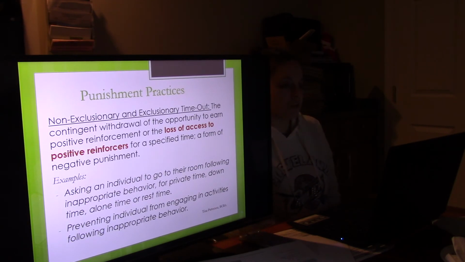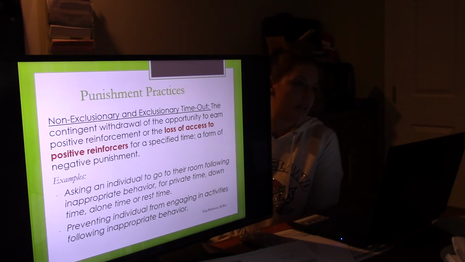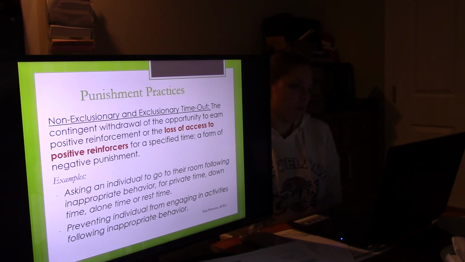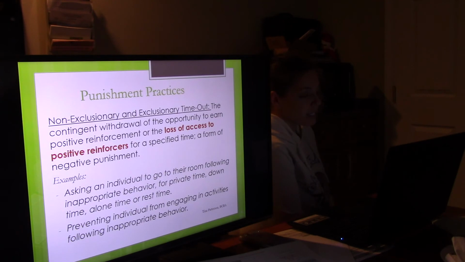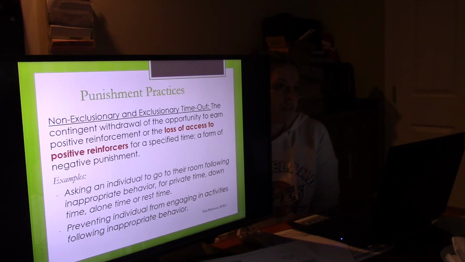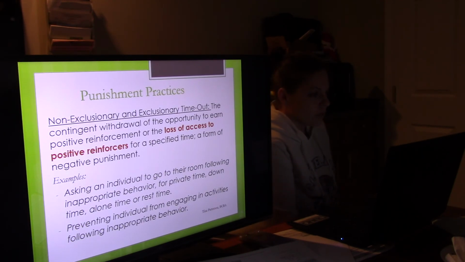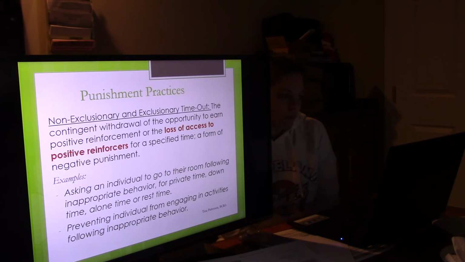You can't even earn it. Sorry, not even going there. You don't even bother for a specified time. It's a form of negative punishment because we are taking it away. So, asking an individual to go to their room following inappropriate behavior for private time, downtime, alone time, or rest time. You're preventing the individual from engaging in activities following inappropriate behavior.